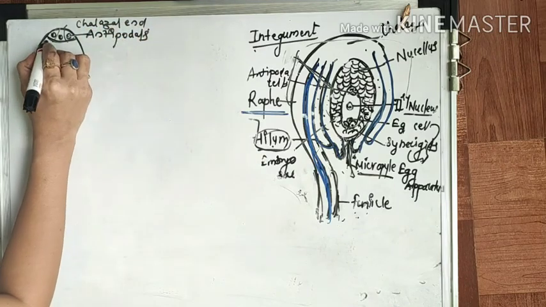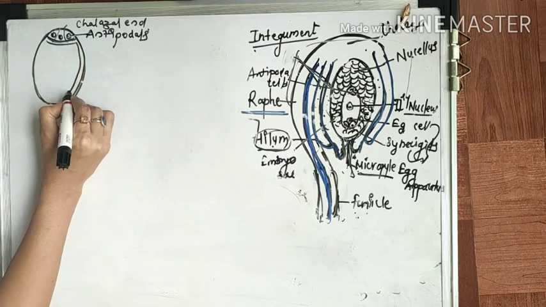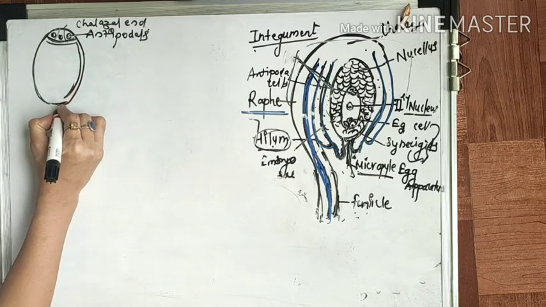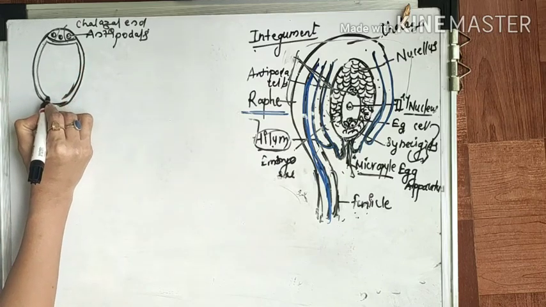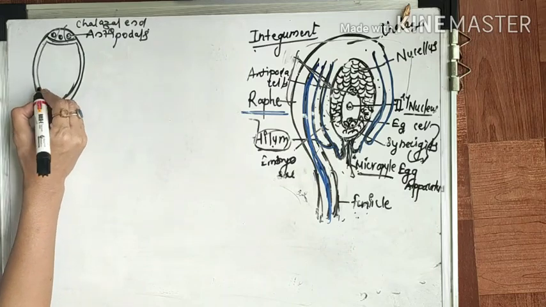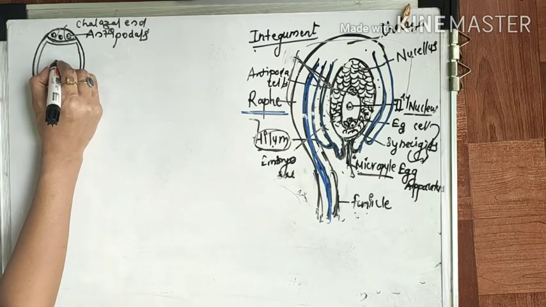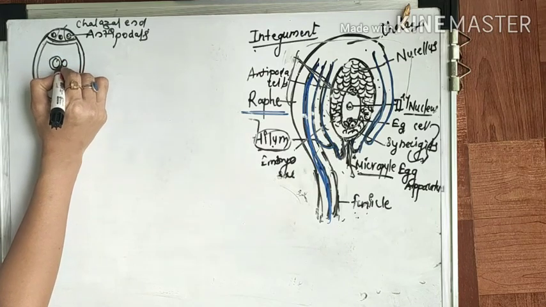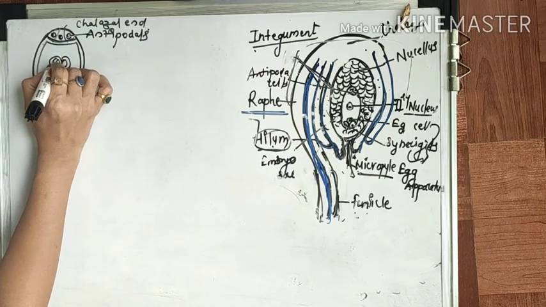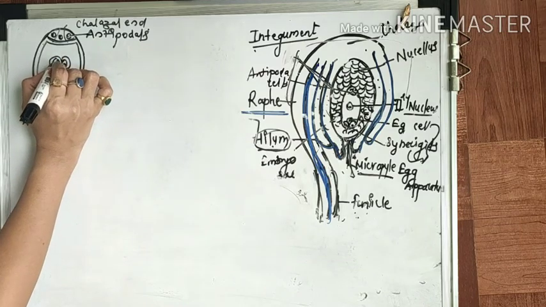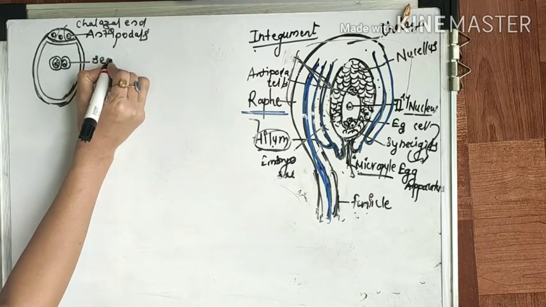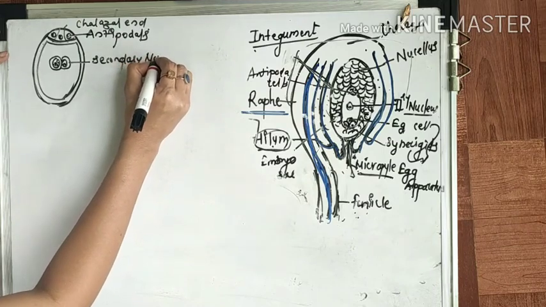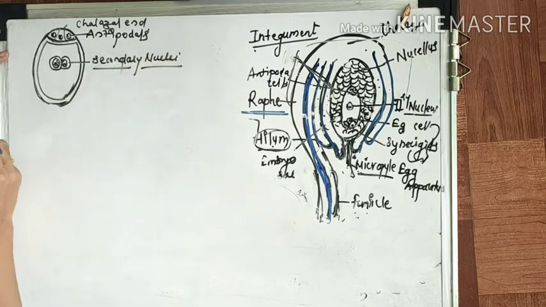Now here you can see the structure. That is called the secondary nucleus.